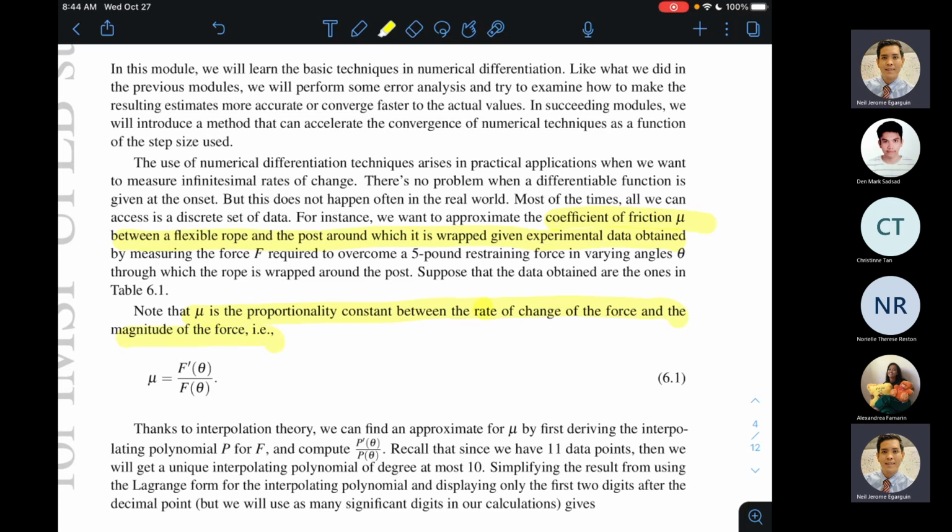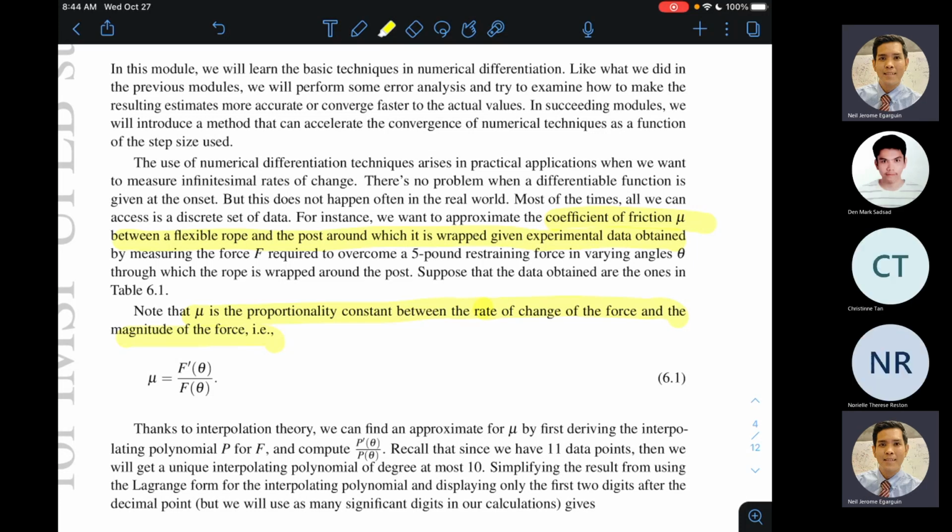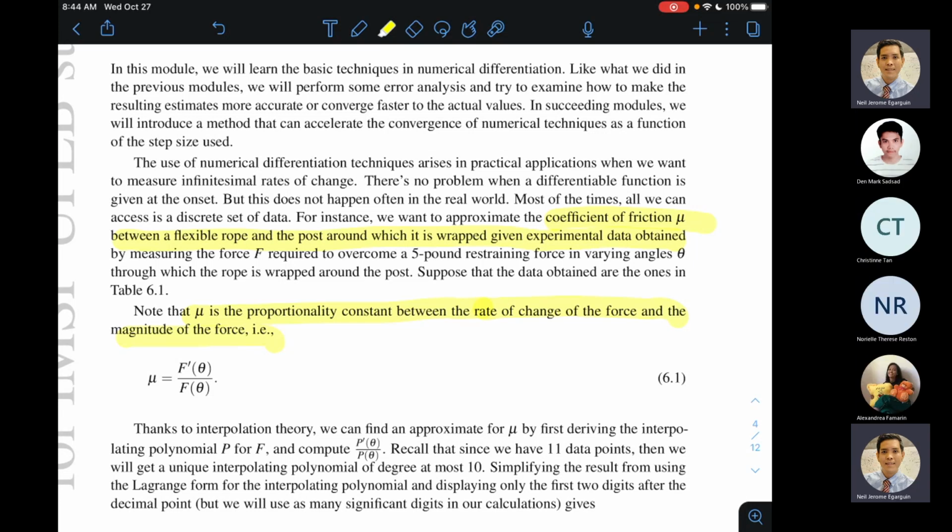Okay, so anyway, one thing we can do is take off from where we left off in Math 174 with these past few lessons. If we have a discrete set of data and we want to build a function, then we can do polynomial interpolation or curve fitting.